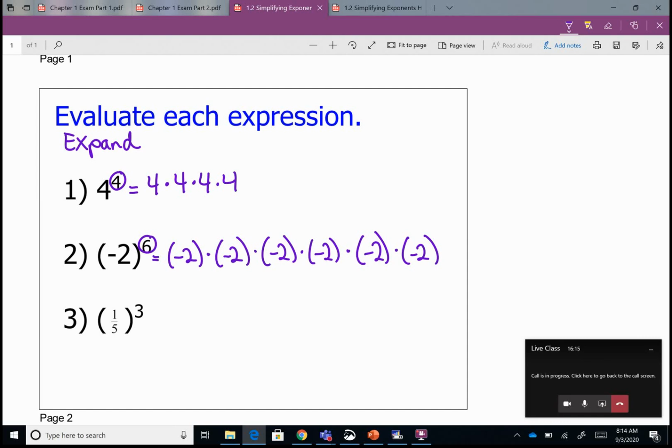I want to give you guys a chance to try out that third one. Again, right now, I don't care what 4 to the 4th power equals. I want us to focus on right now what it means. And then we will take a look using the calculator how we enter these things in and make sure we're solid there. So try out number 3. Try expanding it out for me.